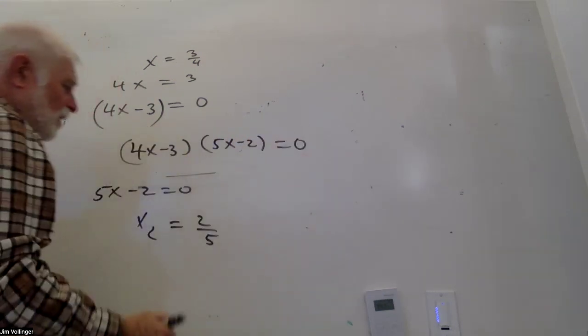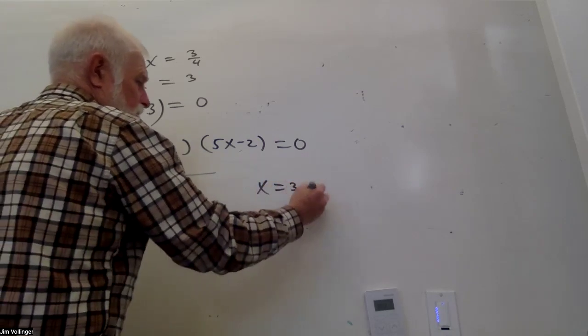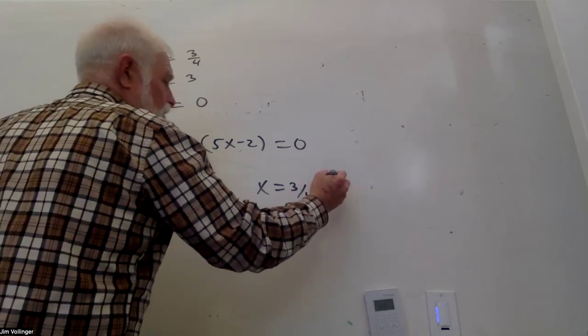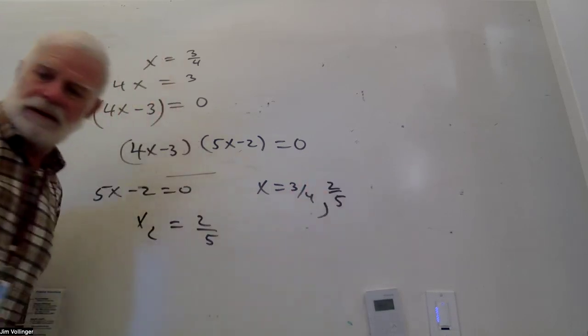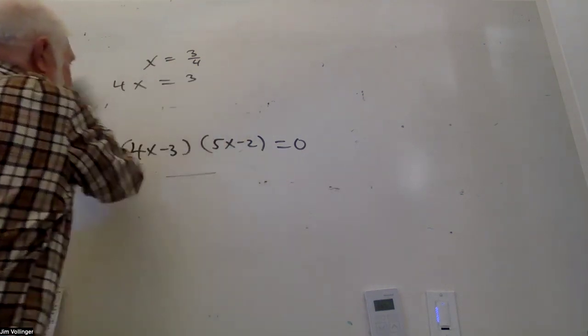This is what gets you answers of 3/4 and 2/5. And I'm going to get an eraser here, get rid of some of the stuff there that gets in the way of seeing.